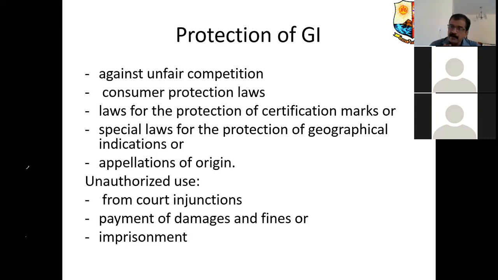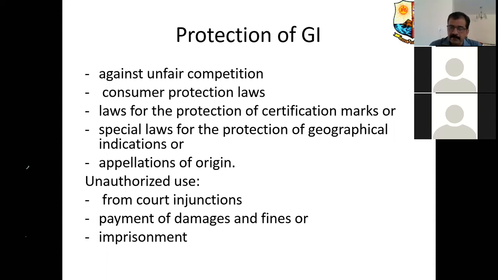Now, what can the court do if someone misuses the GI? The court can give injunctions. You must know that the court issues injunctions. An injunction means the party who has made the mistake is stopped from doing that by an injunction warrant.